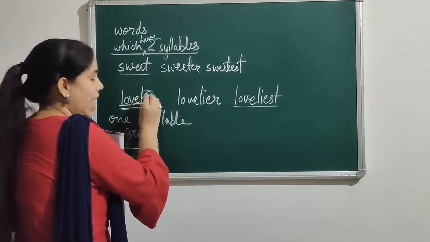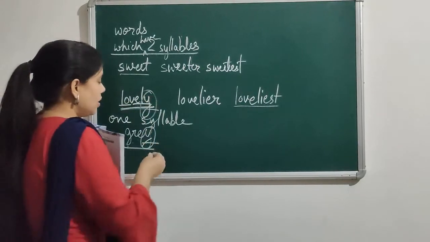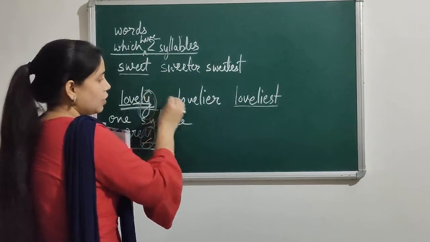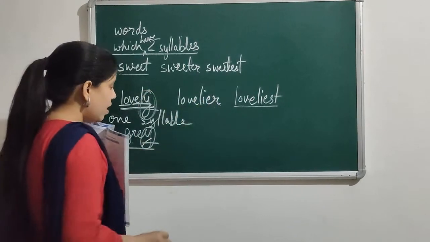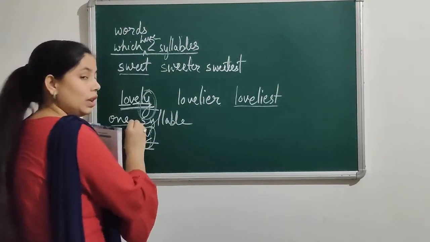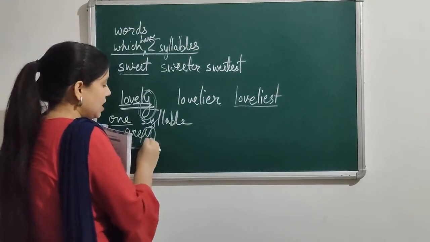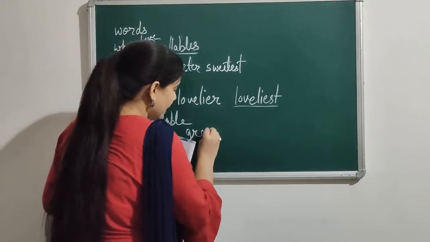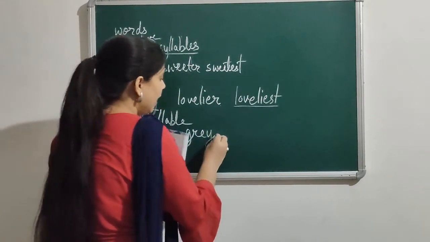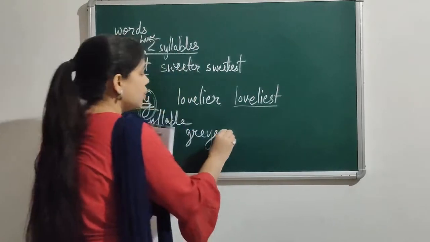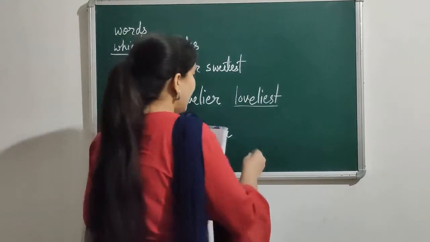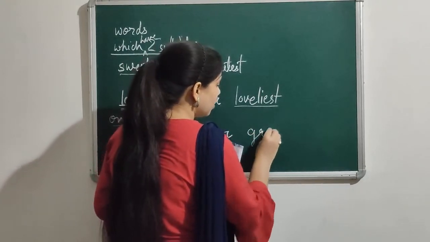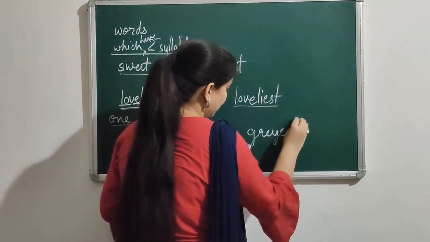Because that word had two syllables, we changed its y into i and then added er. But if the word has only one syllable, we will not change y. Instead, we will let it remain like that and add er to form its comparative degree, and add est to form its superlative degree.